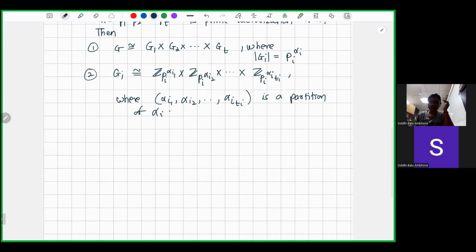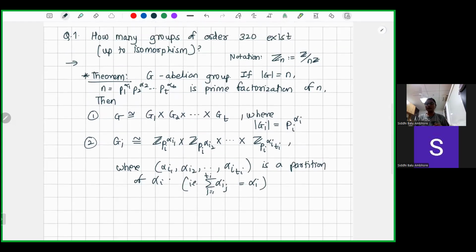And when I say partition of alpha i, it means that the summation of alpha ij from j equal to 1 to ti is actually alpha i. This is what it means, and this is the information we have.